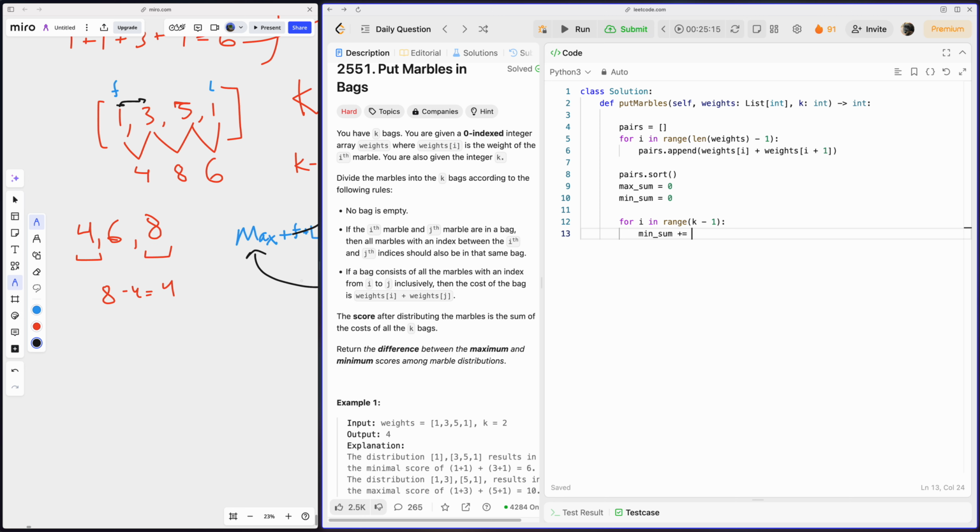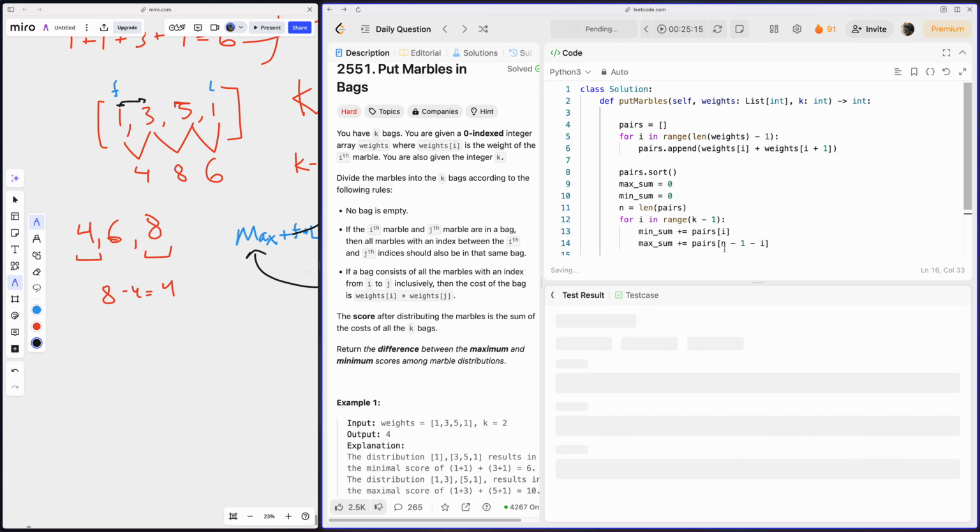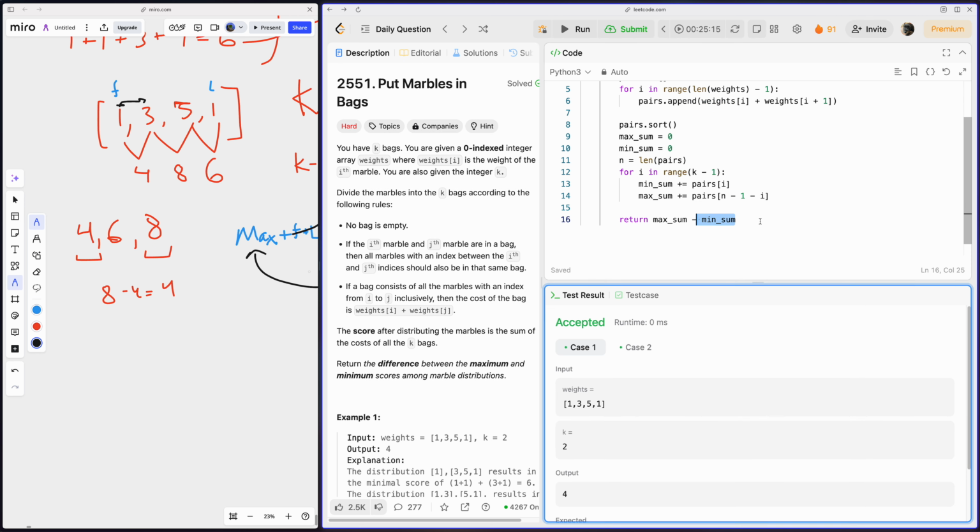So the min sum plus equals pairs at I. The max sum plus equals the, we want the length of the pairs, right? Let's just say n is the length of the pairs. So we just do pairs at n minus 1, that's the last element, minus I. Right? Then we just need to return the max sum minus the min sum. And that's the difference of the maximum score minus the minimum score.